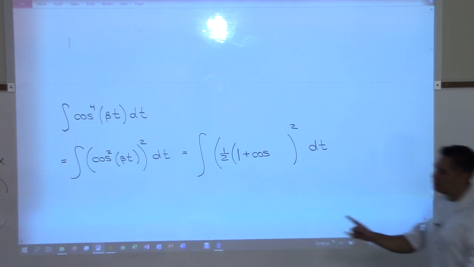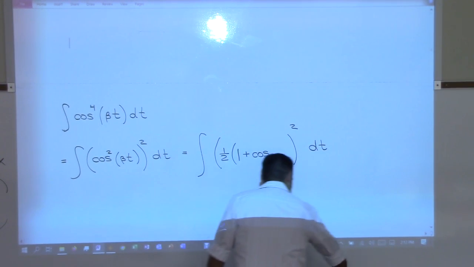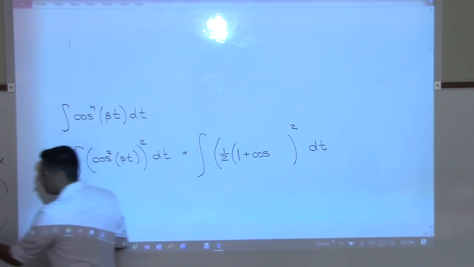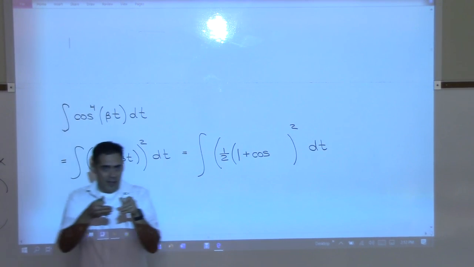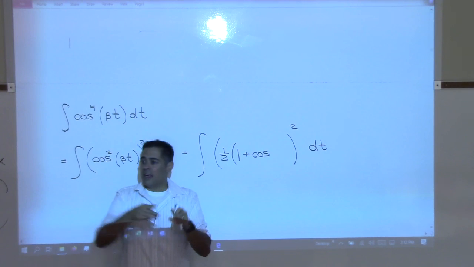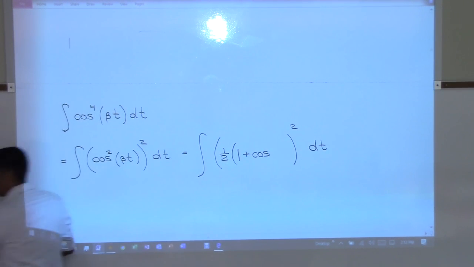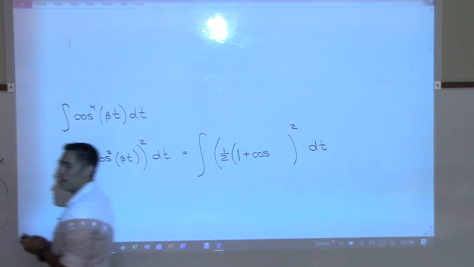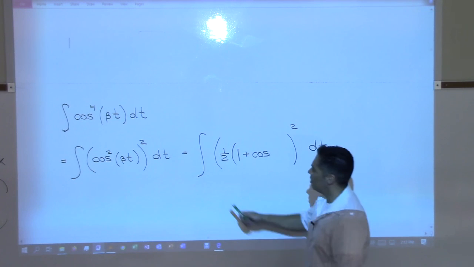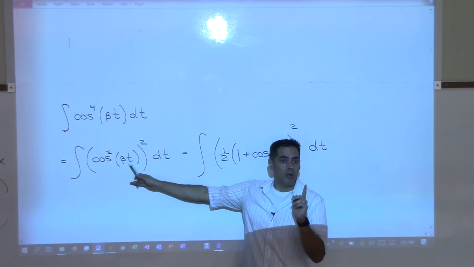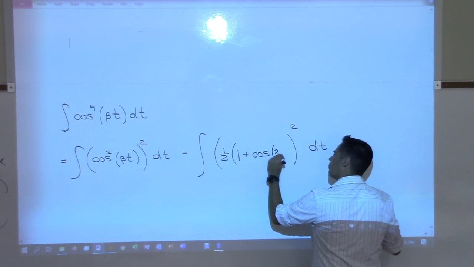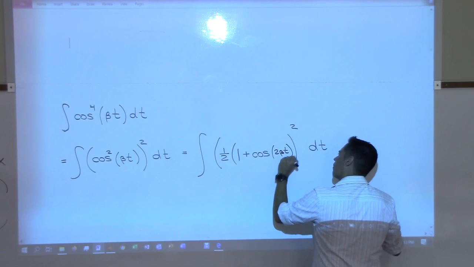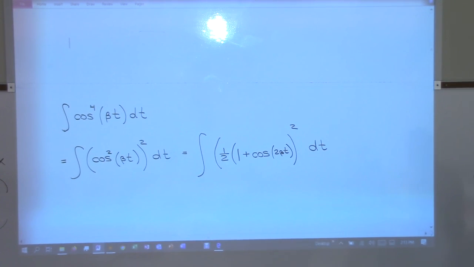So this formula says whatever your argument is, whatever's in the cosine, that thing gets doubled in the formula. You double that expression. So if our expression inside is beta t, we're going to double beta t, so it's going to be 2 beta t. That's what goes here. Understand?